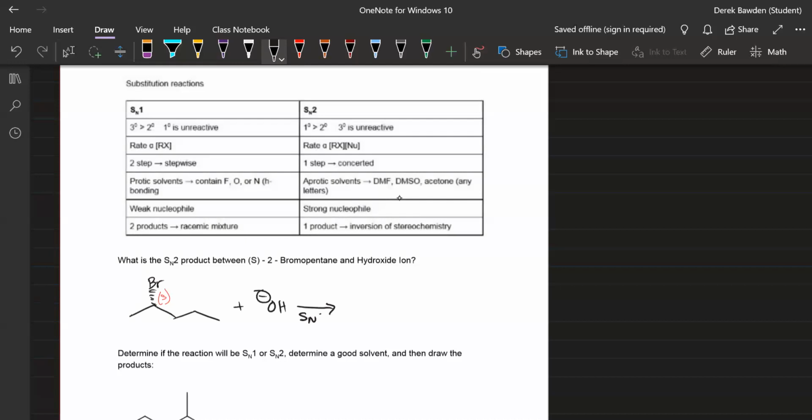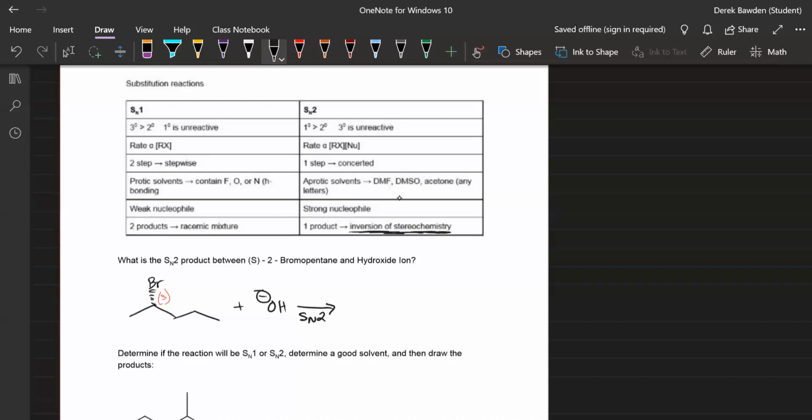We know it's SN2. Okay. So what happens in SN2 to stereocenters? Anybody remember? It says it right here. We have inversion of stereochemistry, okay?